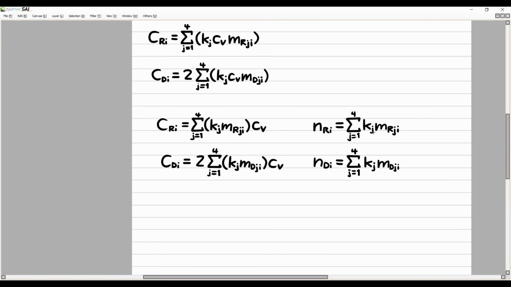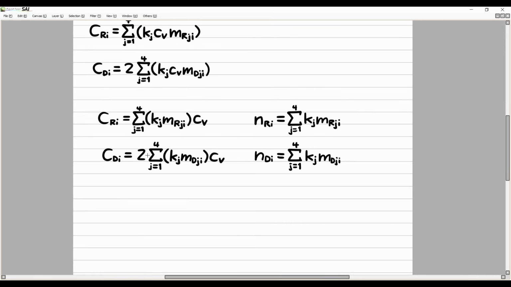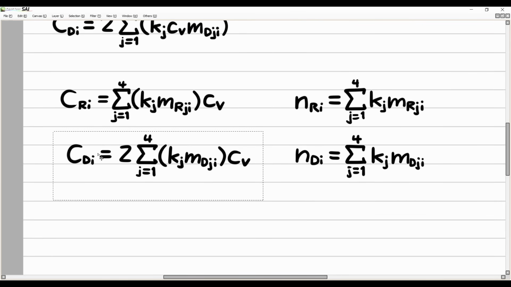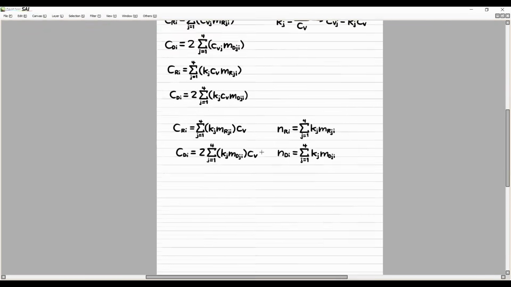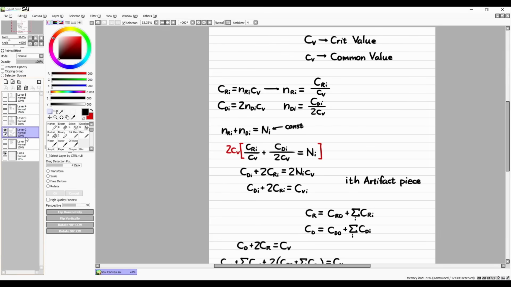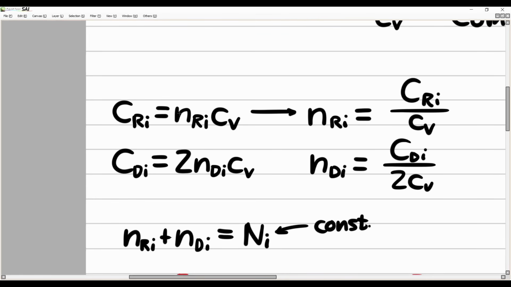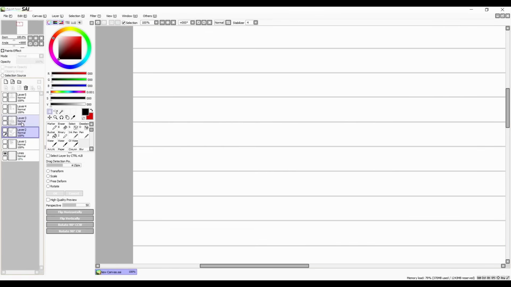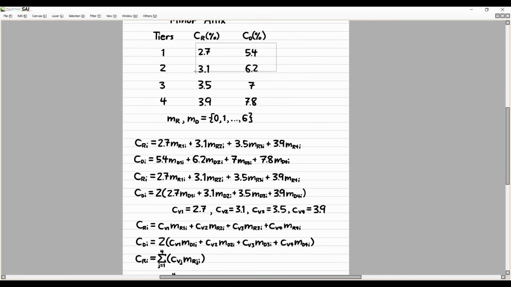And notice again, it does not matter how I arrange them. You will still ultimately get a relationship that suggests that CRI is equal to NRICV and CDI is equal to 2 times NDICV. It does not matter. That is simply a fact because of how the values presented in-game are related.